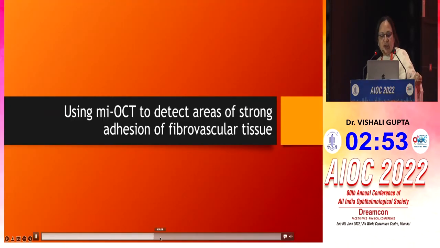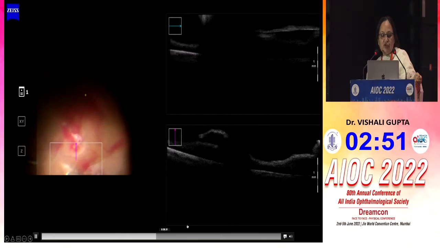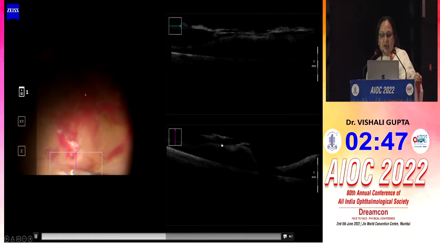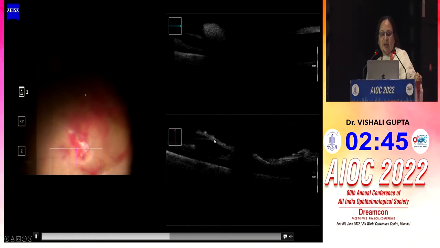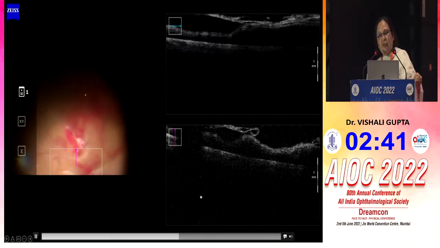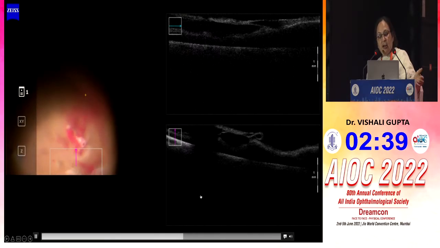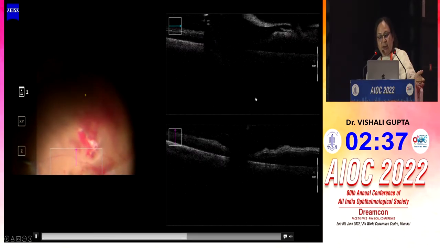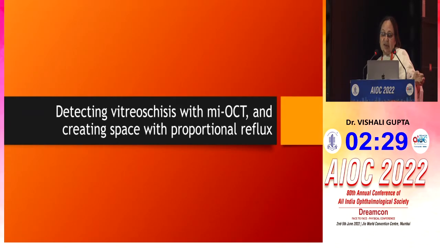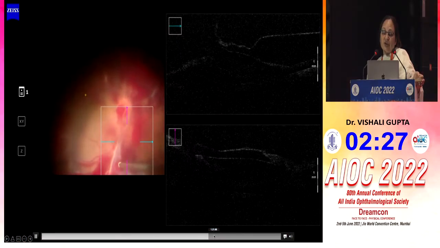And of course, you can detect the area of strong adhesions, and this one here shows a very nice vitreous schisis. You can see this is the schisis here. The vitreous is actually split into two layers, and when you are using OCT intraoperatively, you can remove that schisis, and you can ensure that that schisis is removed, because you don't have to inject.